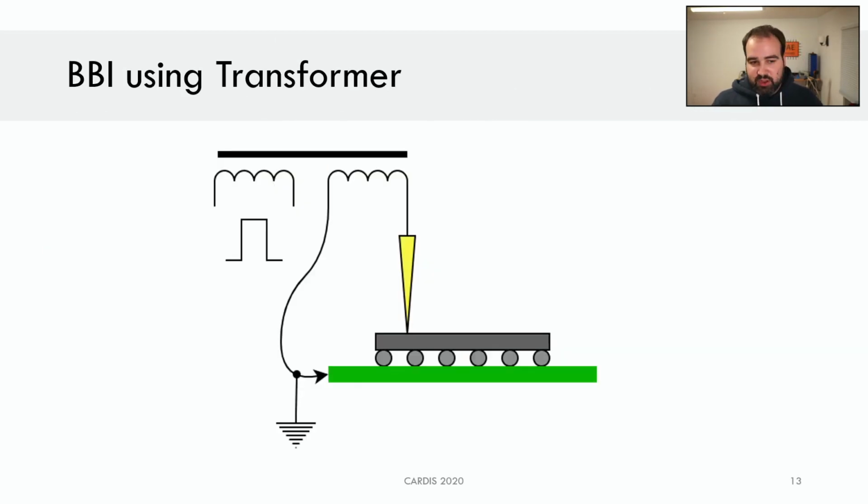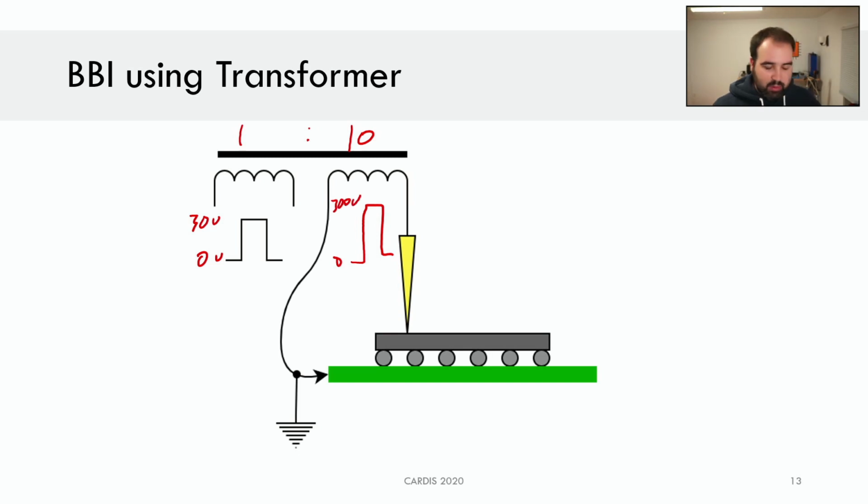The basic idea we're going to use is a transformer to generate our pulse. I'm arbitrarily choosing something like a 1:10 ratio, right? So it works out to about that. The idea being that if you insert a 0 to 30 volt pulse, you'll hopefully get at the output a 0 to 300 volt pulse.